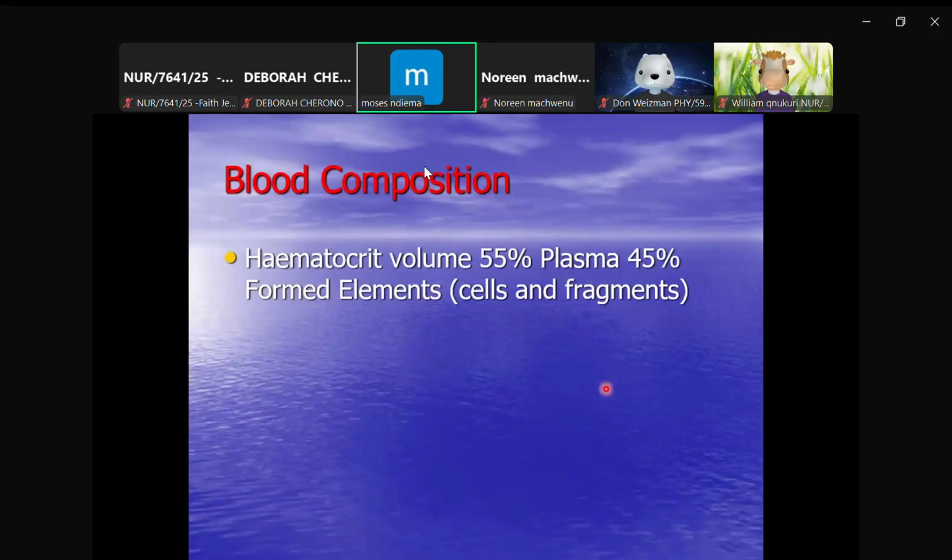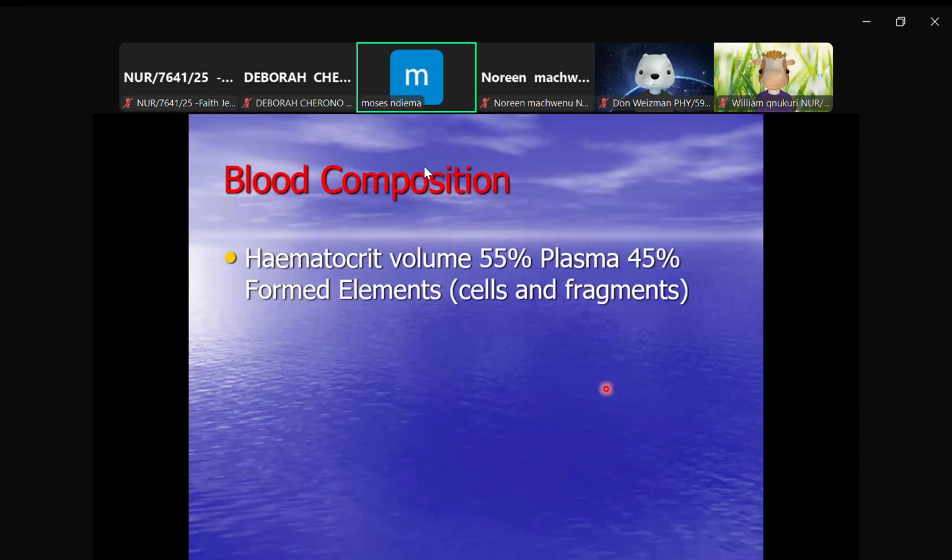Now we'll just mention the composition of plasma, but generally, biochemists will go into the details of the various proteins that we have within the plasma. Formed elements are the cells and fragments within the blood.